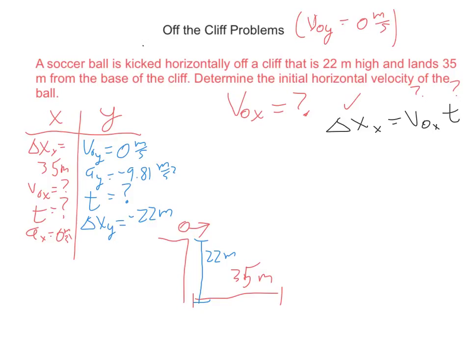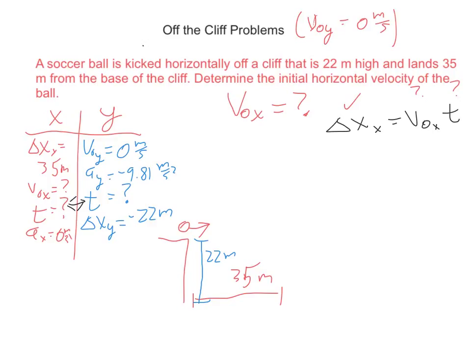When you encounter a problem like this, where you're stuck in the x direction, you have to switch to the y direction, because don't forget, time is both in the x and the y direction. I can use the y direction to figure out the time and then work backwards to figure out my initial velocity here. So I'm going to use an equation from the y direction to figure out what the time is.